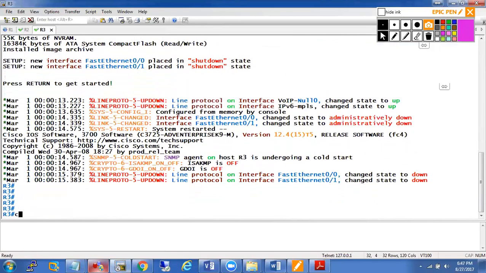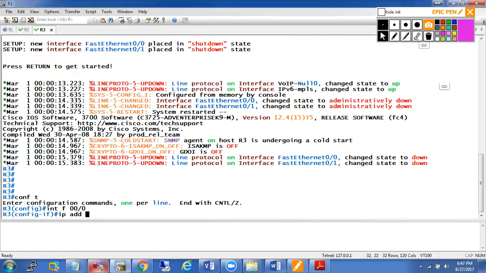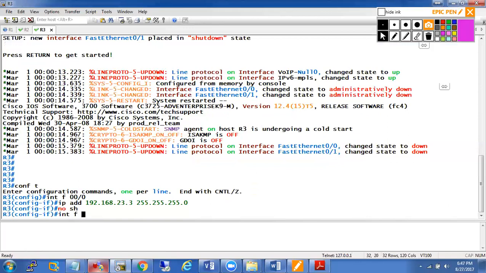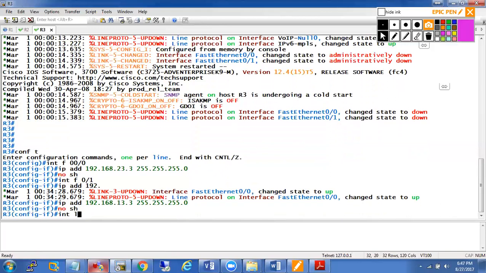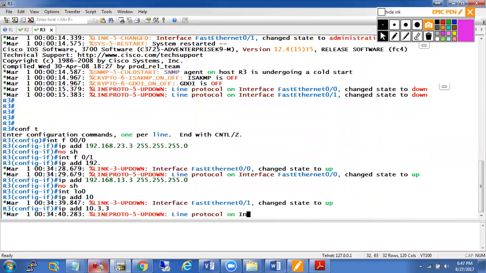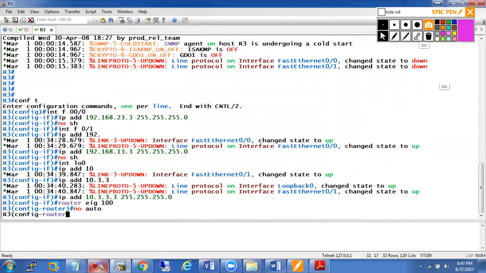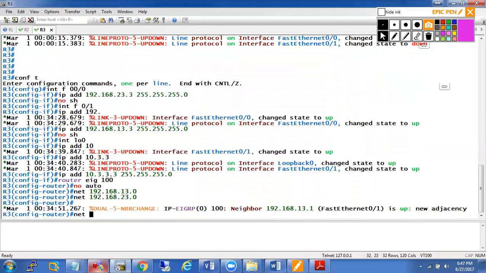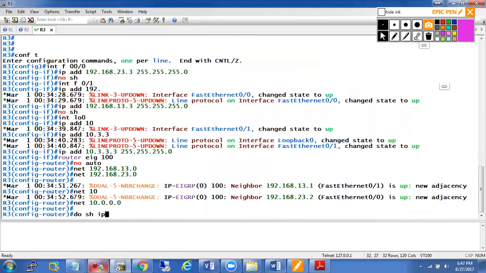And router 3 has 13.0, 23.0, and 10.0. So I should have full reachability on all the routers.